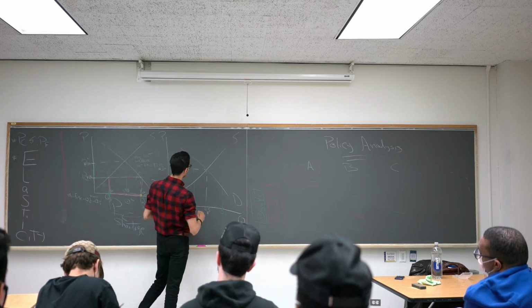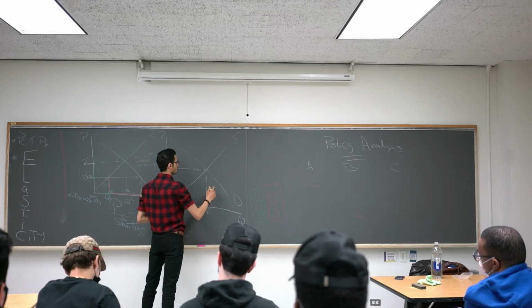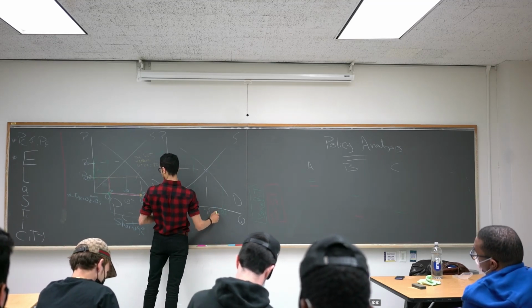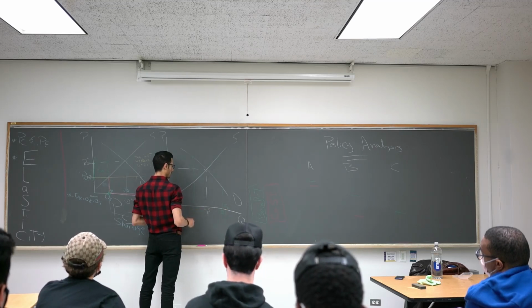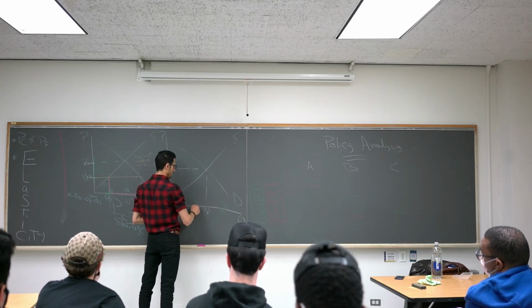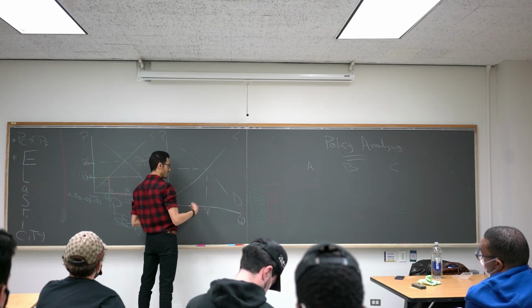Here's actually the reverse. 50 and 40 units, and the difference is 10,000.